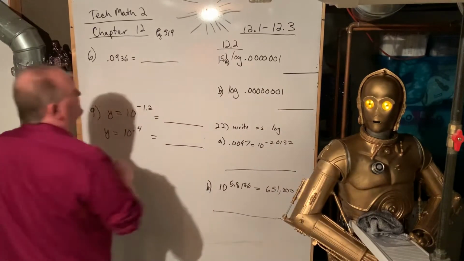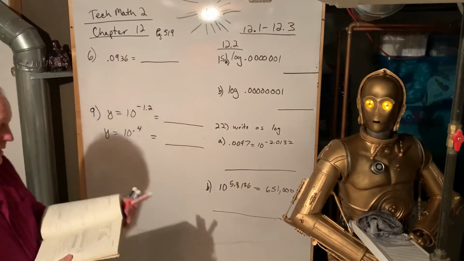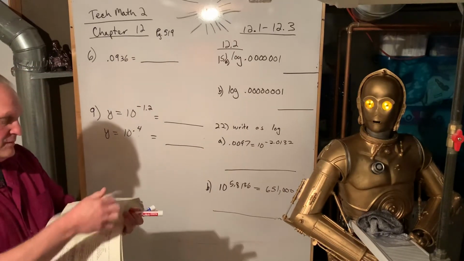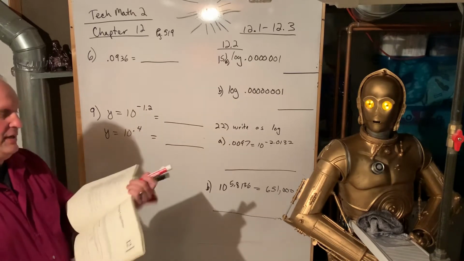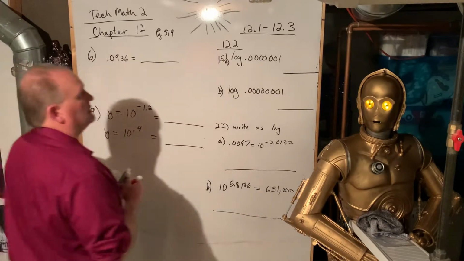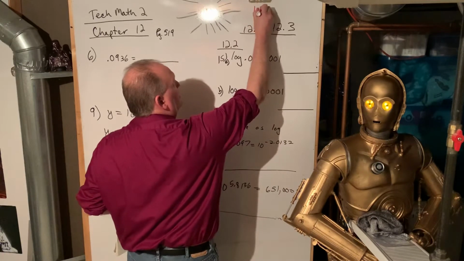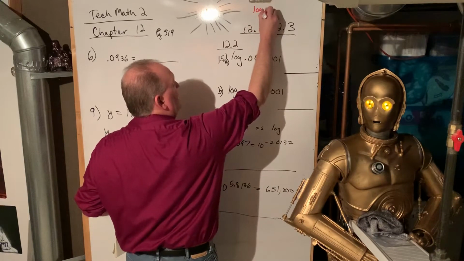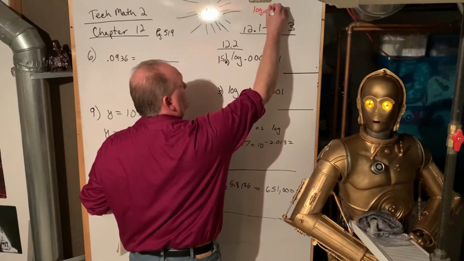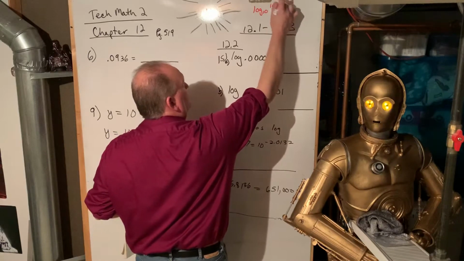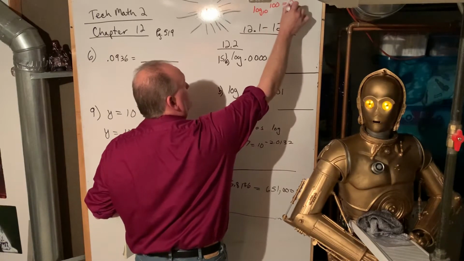So this is logarithms. Logarithms are just a fancy way of writing an exponent. If I say log base 10 of 100, that would equal 2.